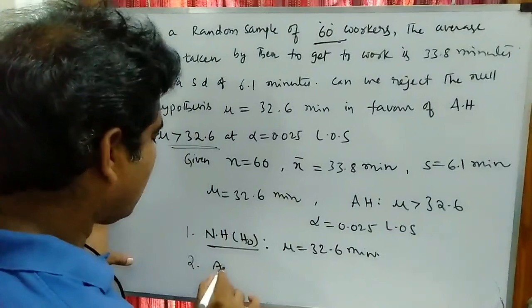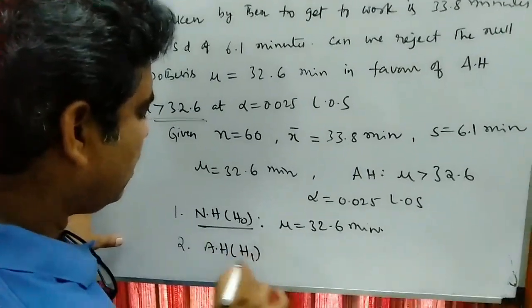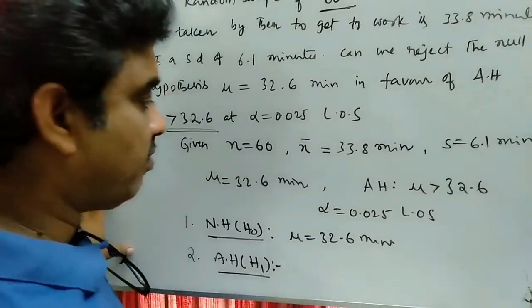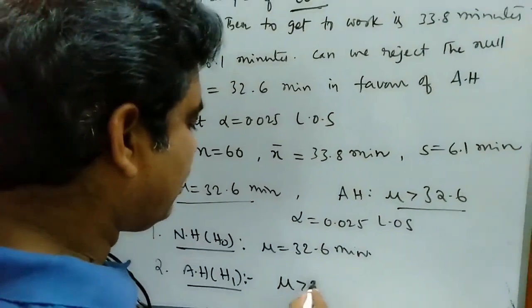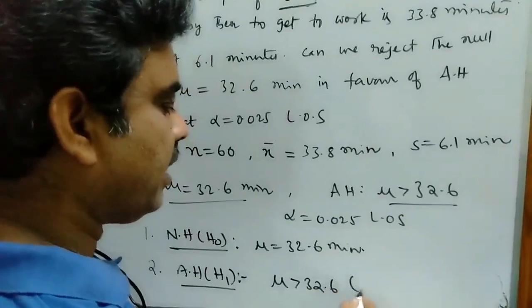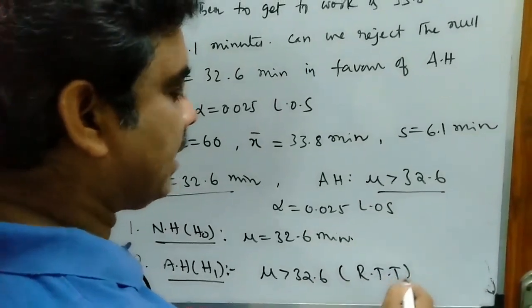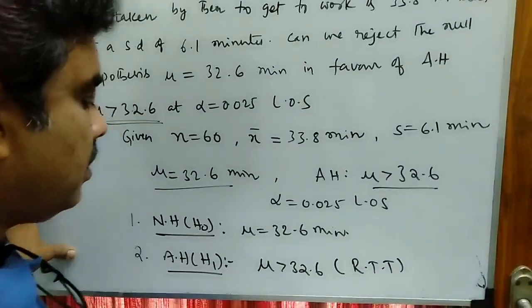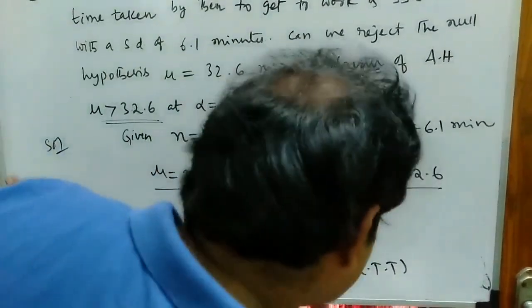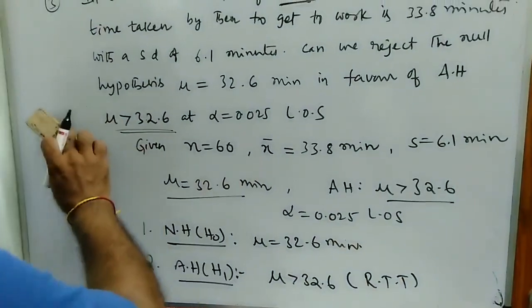The second one is the alternative hypothesis H1. It is the complement of the null hypothesis and is given as mu greater than 32.6. That means it is a right tail test, that means a single tail test. So we have to go for the single tail test or right tail test.